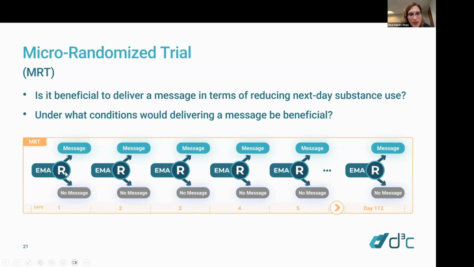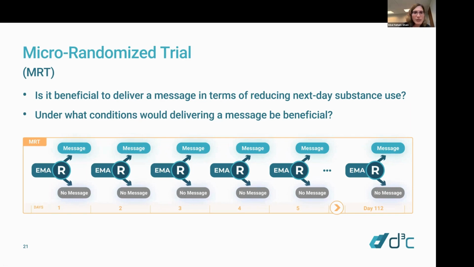But instead of triggering a message when risk is high, because I don't know if I should, I have a scientific question. I randomize. Remember, randomizations are to help us answer scientific questions. So I randomize every day to message versus no message. And I collect data about my proximal outcome on the next day's EMA. The proximal outcome is next day substance use.